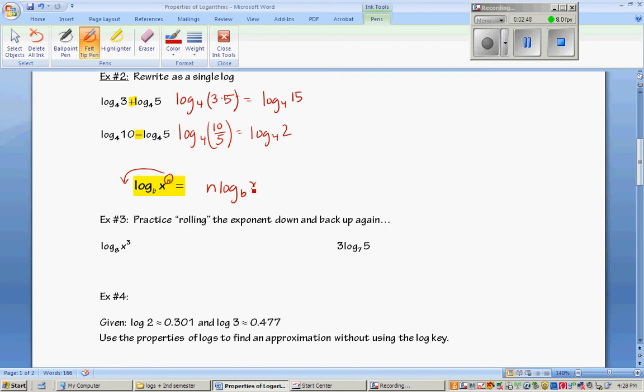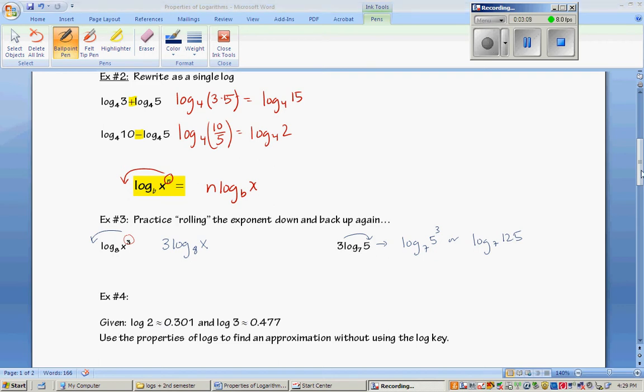So now practice rolling the exponent down and back up again. We're going to write this where the 3 is going to be gone, and here we want this to just say logarithm base 7 of what? Try it out. You can see what these result in.